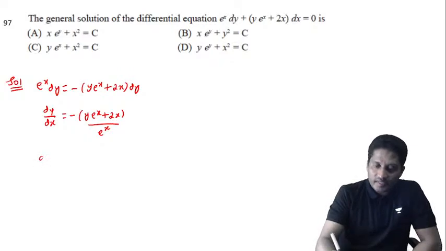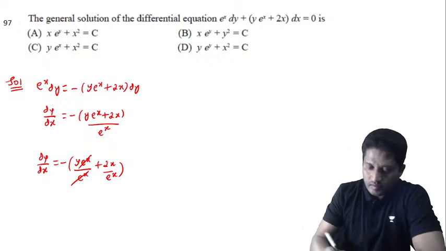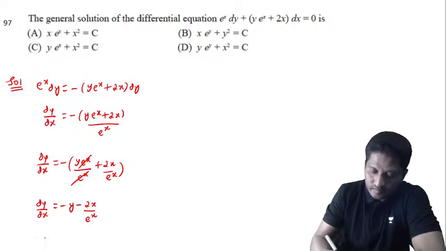Right, now this can be written as dy by dx is equal to minus, if you divide by e power x, y e power x by e power x plus 2x by e power x. Alright, now this will cancel. Now this is dy by dx is equal to minus y minus 2x by e power x.